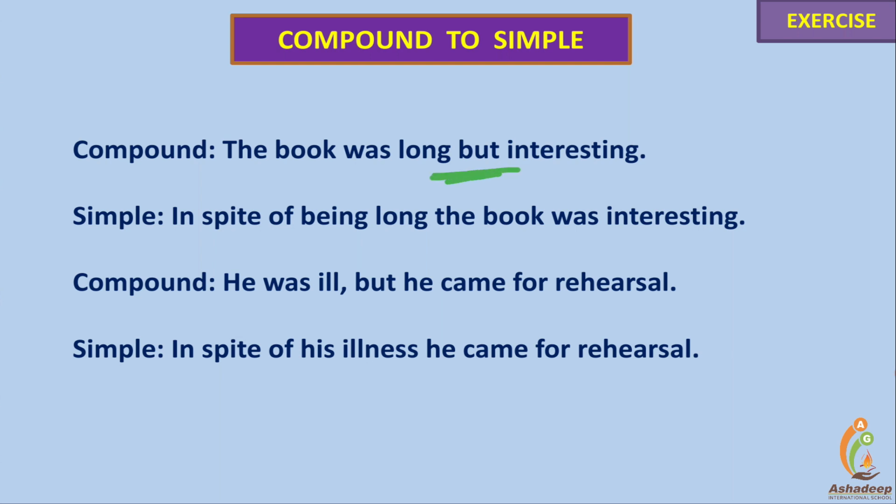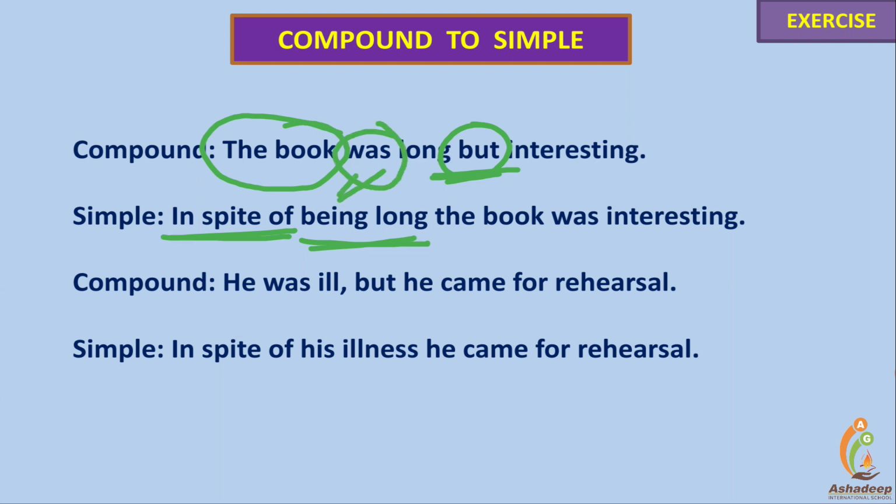Here, friends, you can see to show contrast "in spite of" has been used. In spite of being long, you can see the subject has been removed and the to-be form has been converted into the participle "being", the ing form of the verb, and the basic form of the verb is be.